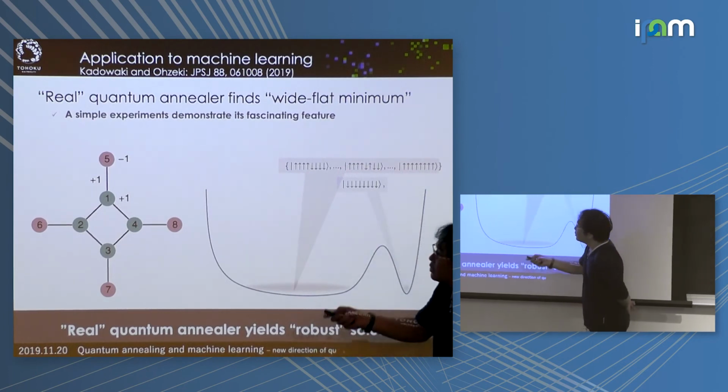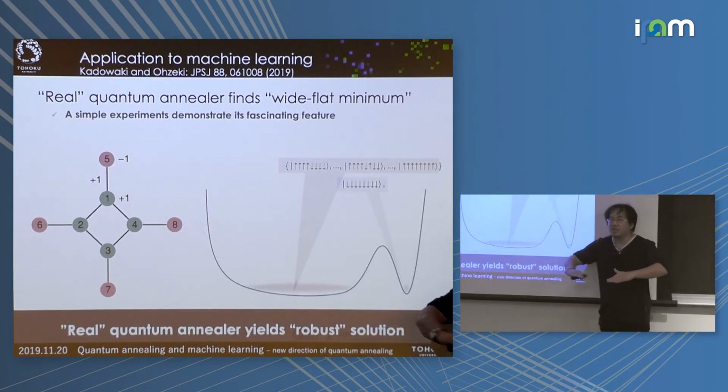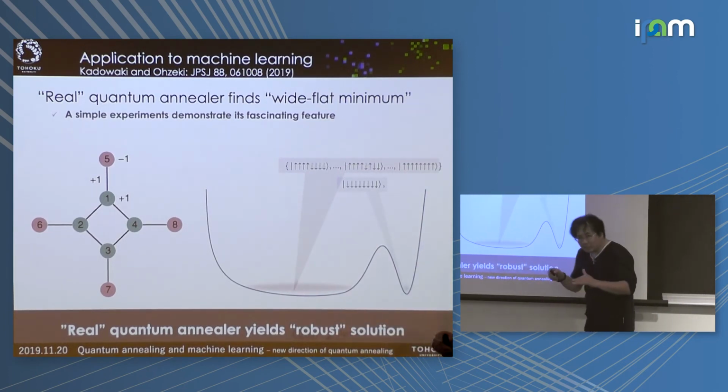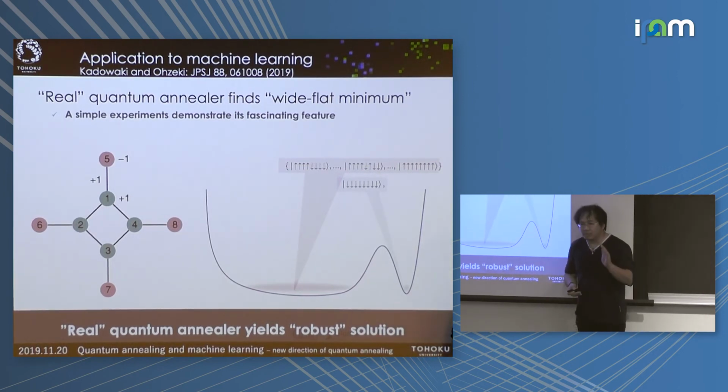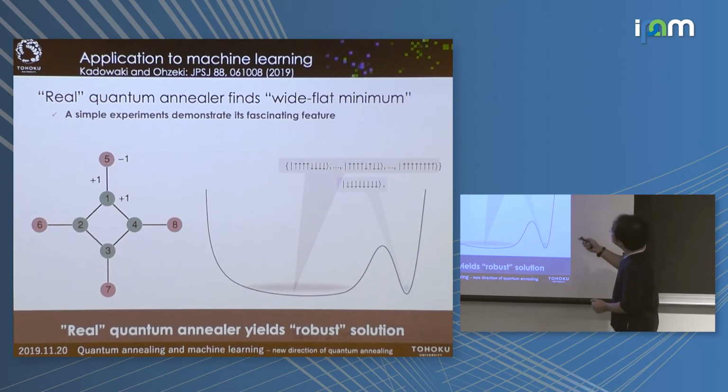The problem has many degeneracies in the ground state; we have 17 ground states. The structure of the energy function is like that. This is the isolated ground state here, and most of the ground states are here, like this.